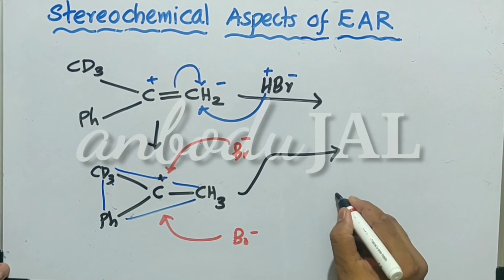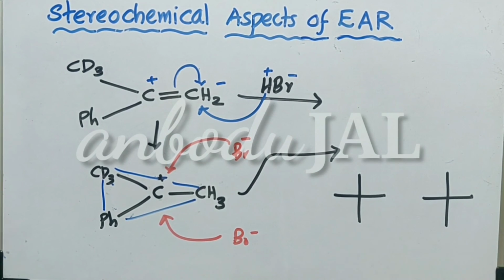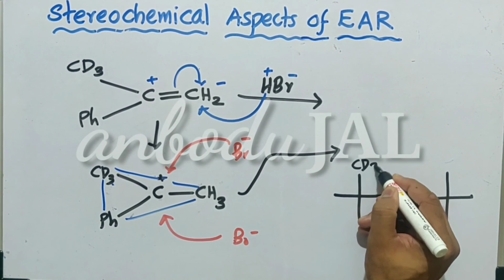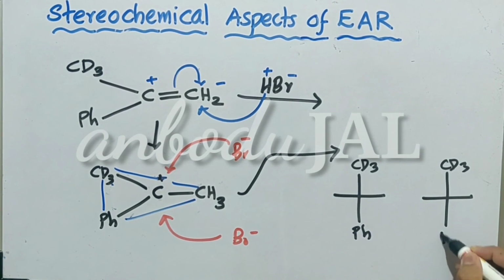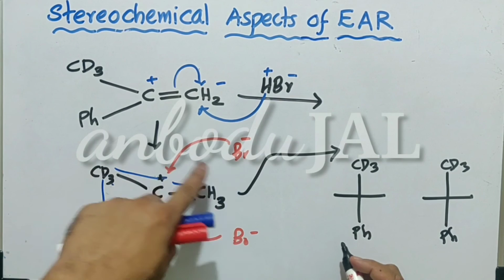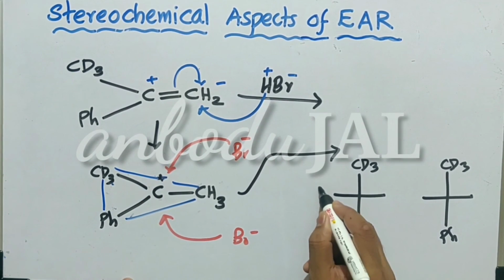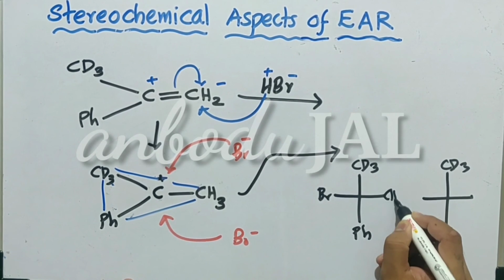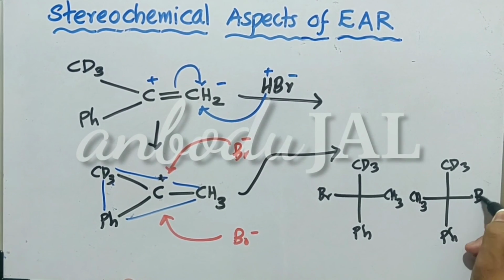That is, listen here, if you are giving the Fischer projection formulae, here CD3, here PH, here CD3, here PH, then what happens? In the first case, if Br comes through this side, then Br comes here and CD3 comes here. In this case, CD3 comes here and Br comes here. Look at these two. What is the relation between these two?